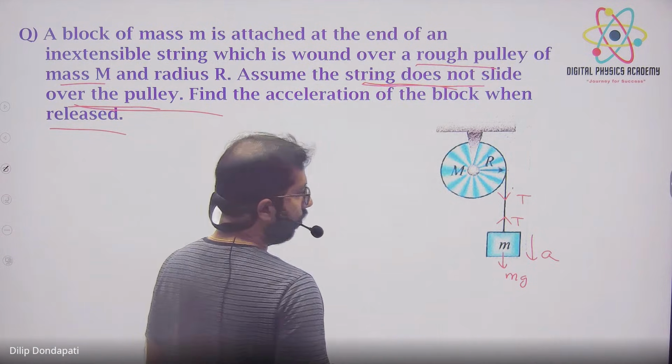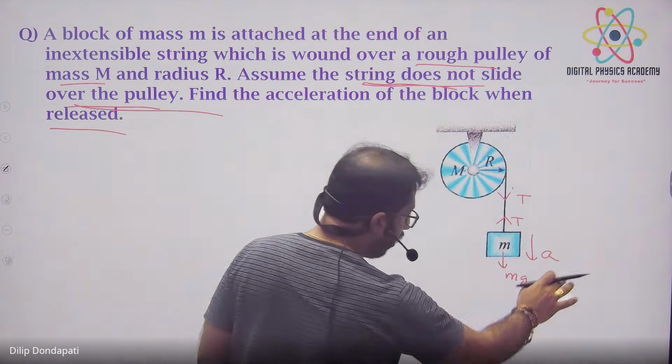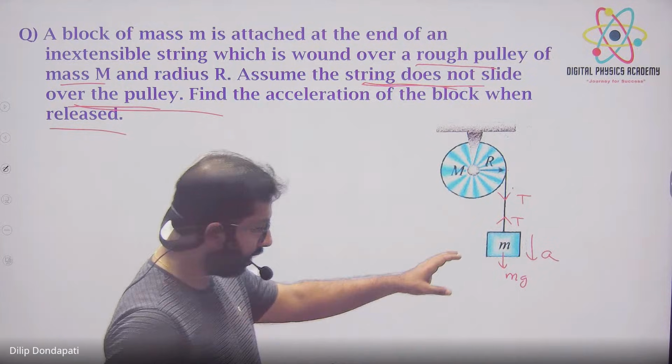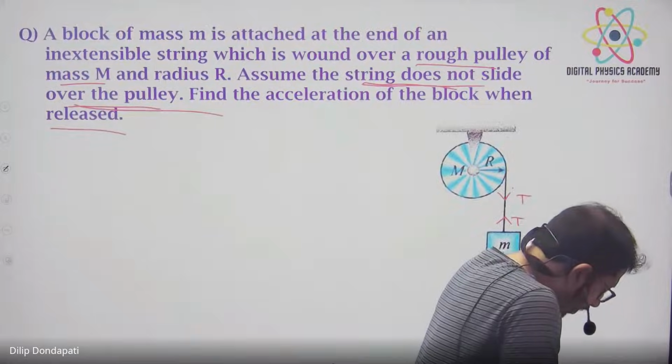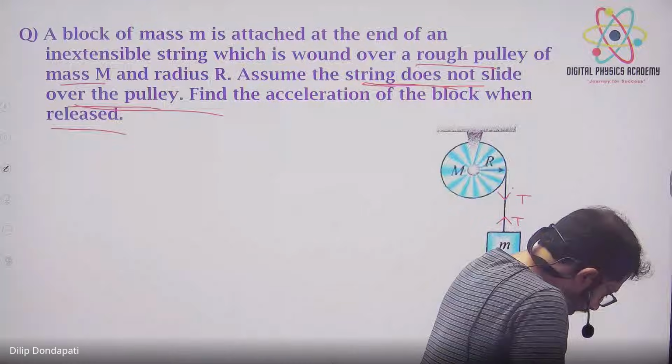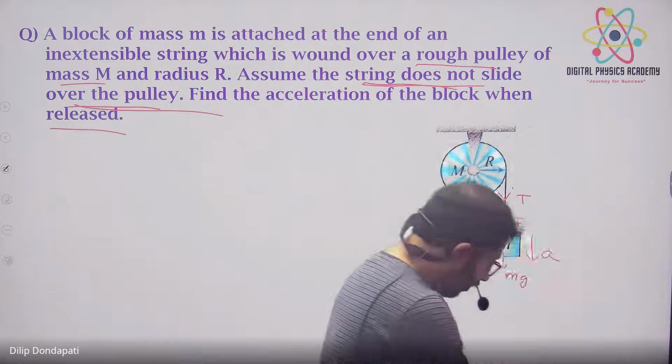Okay. Now apply Newton's second law here. What is the equation we get? Tell me. So your mg by m plus 1 by 2m, acceleration telling, yes. So because if you use I by r square, you have to write I as mr square by 2 and then you have to solve.